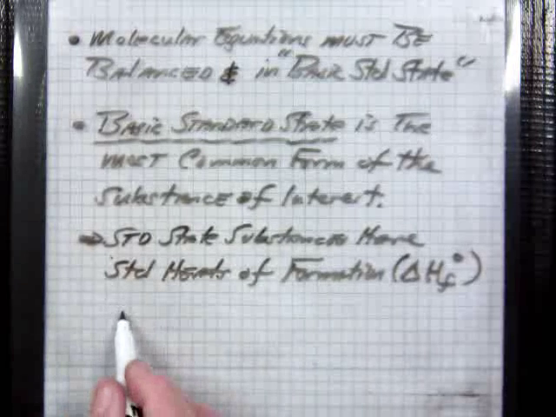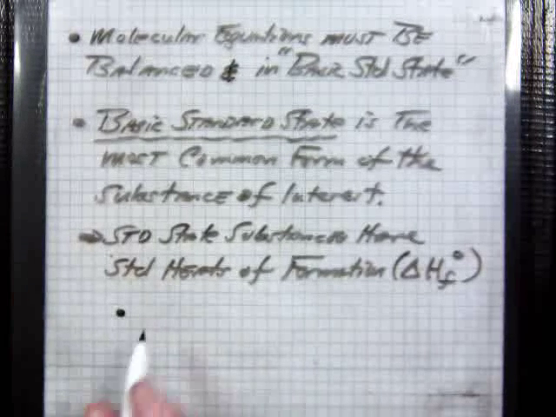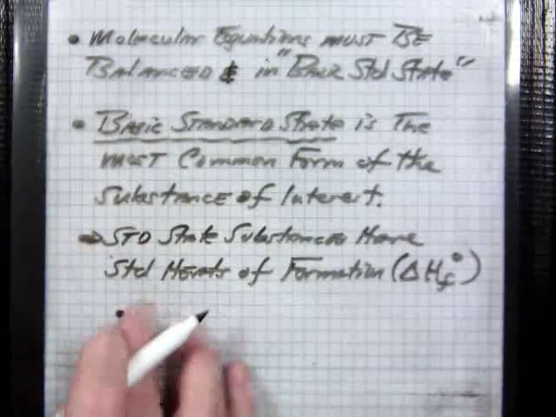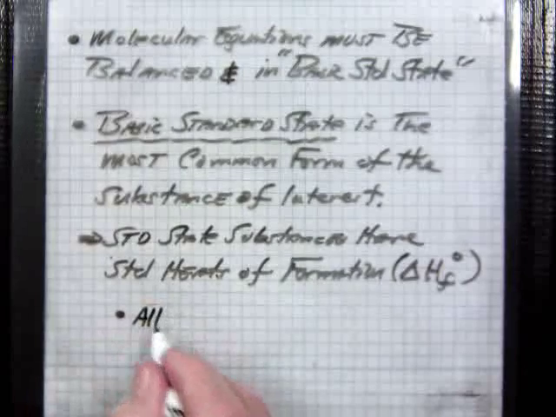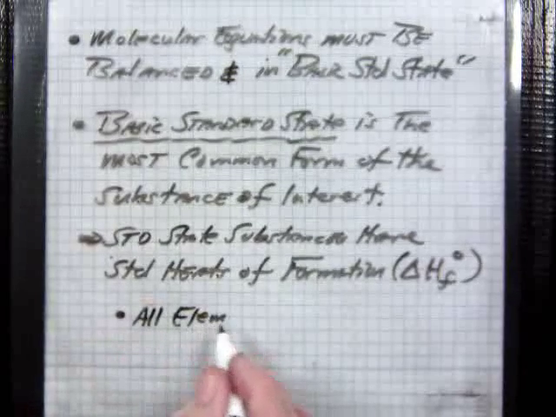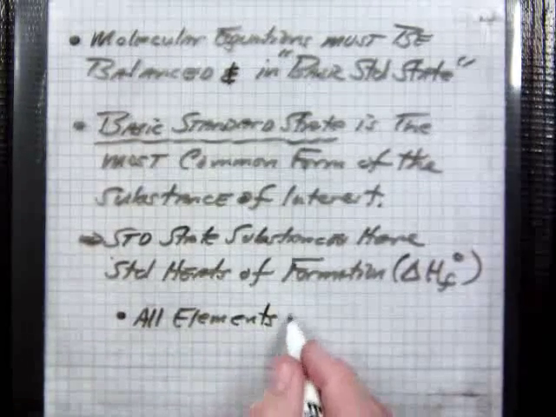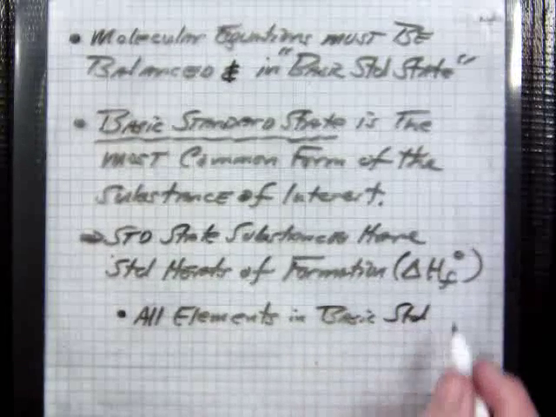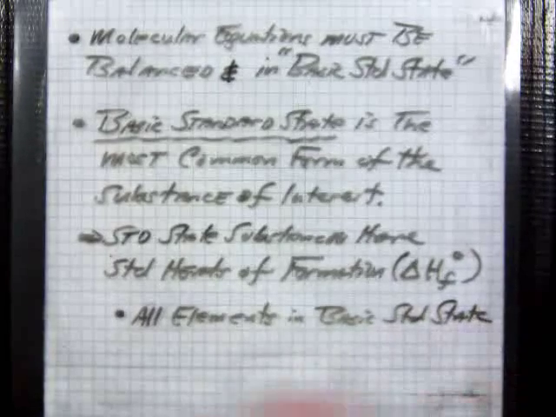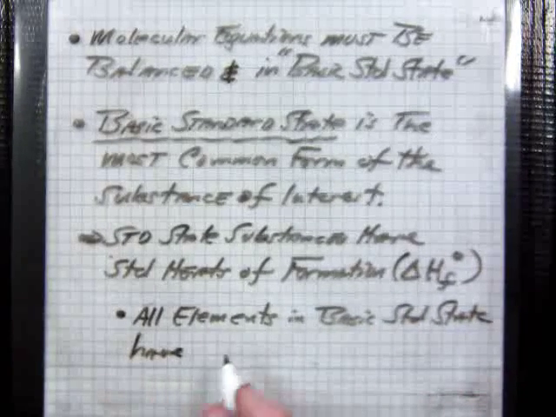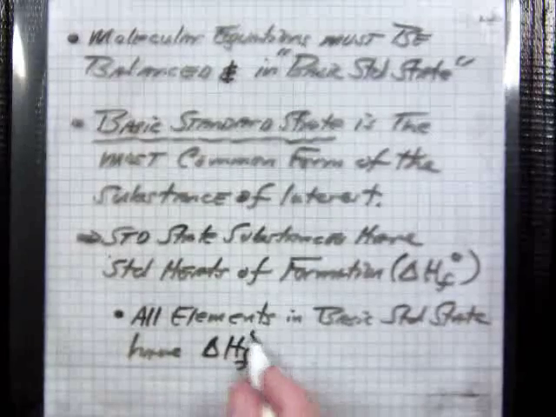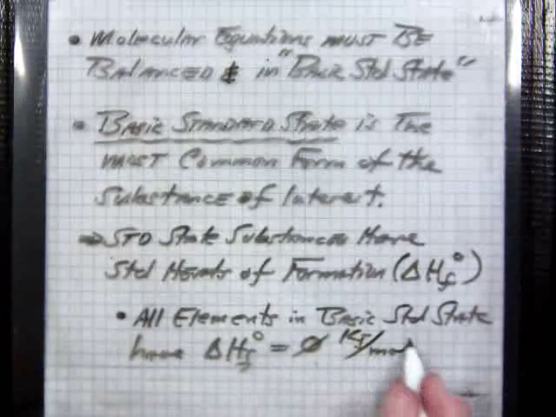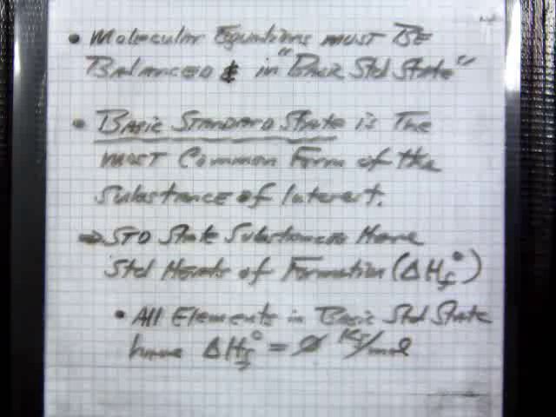And there are two rules that occur. One, all elements in basic standard state have a value of delta HF equal to 0 kilojoules per mole. Now, that may not mean anything at this moment, but it will in a minute.